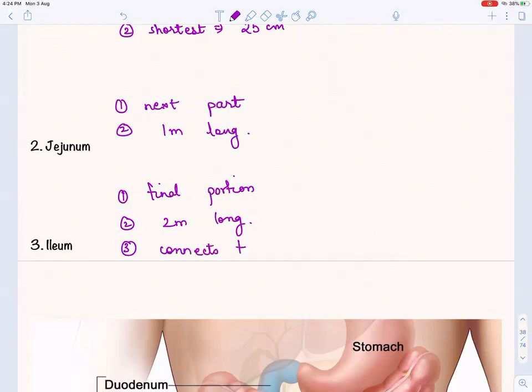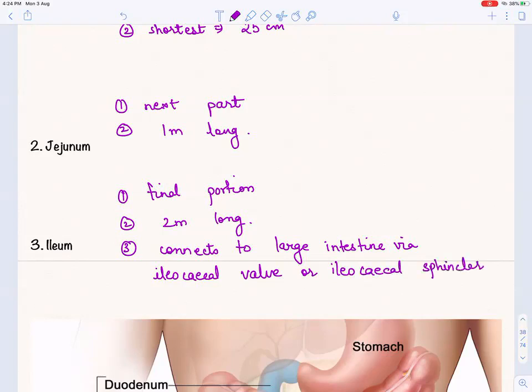It connects to the large intestine, and there is a sphincter, the ileocecal valve, or ileocecal sphincter, as some people say. It connects to the large intestine with this, right?